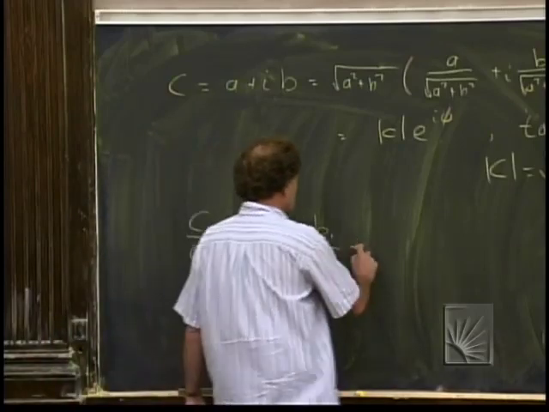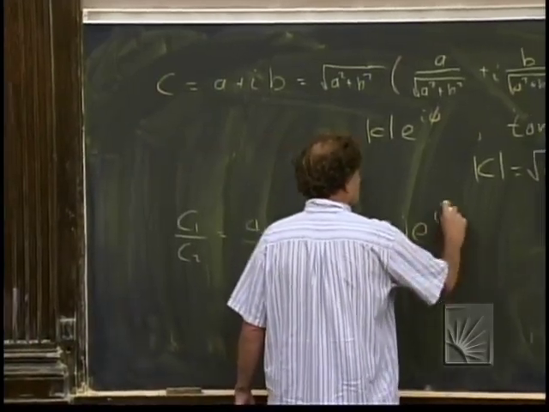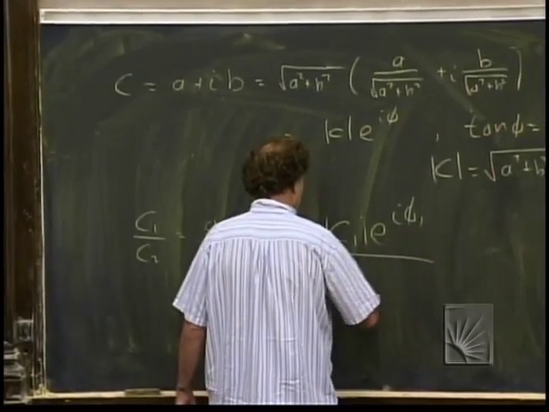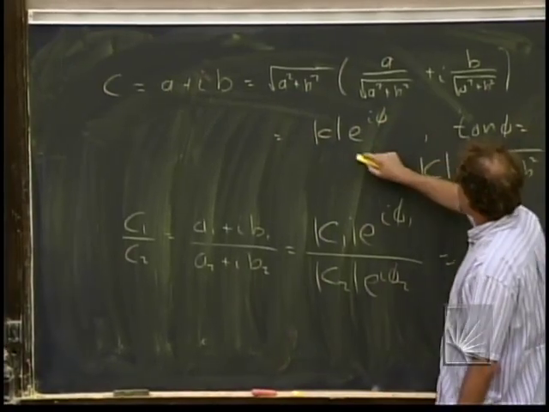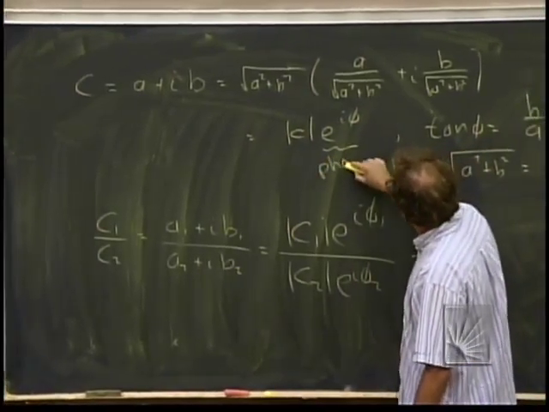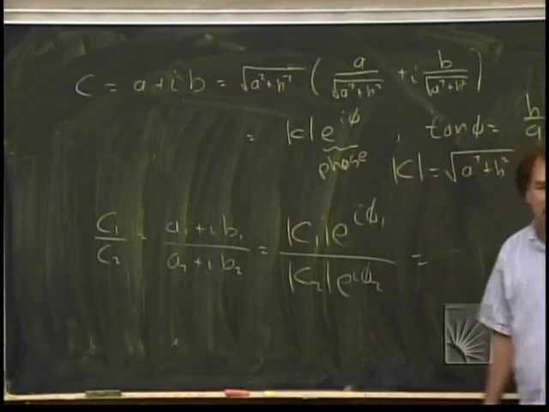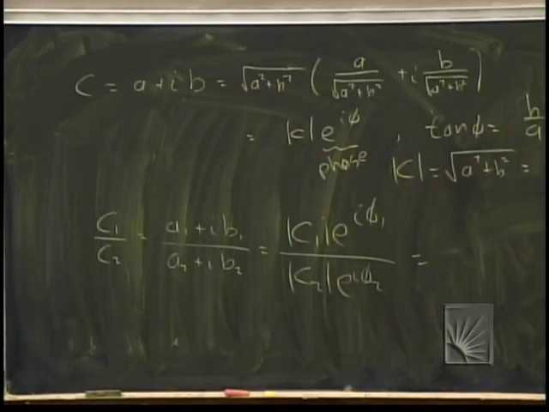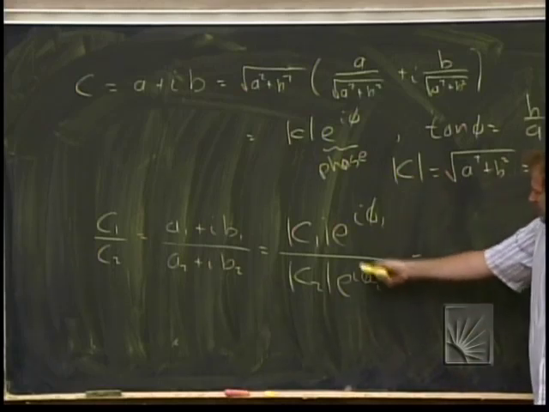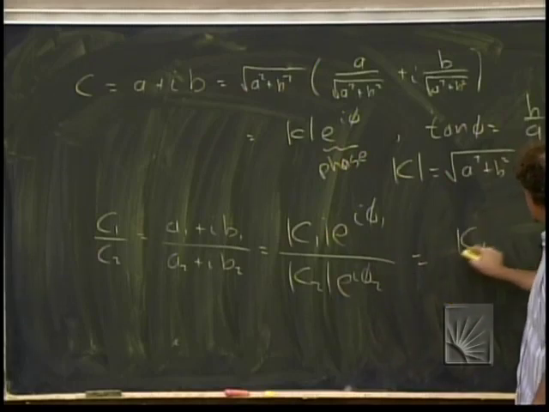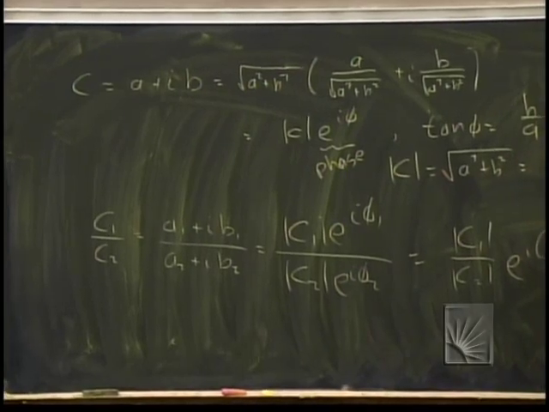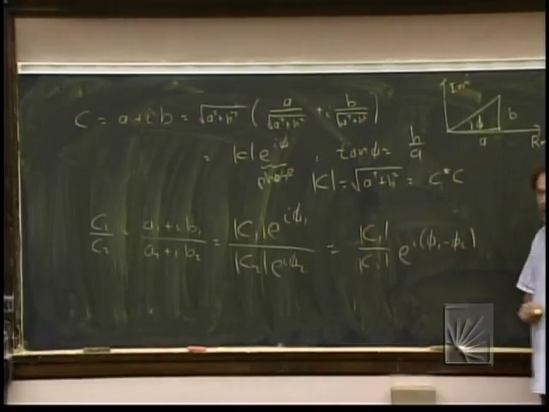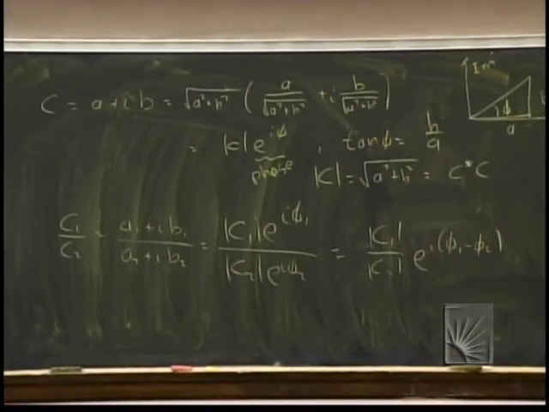But another simple thing to do is just say, well, okay, I'll put it in these terms with an amplitude and a phase. This, by the way, we're going to use this term a lot in quantum mechanics, a phase, right? So an amplitude times a phase. And so then this is just c1 over c2 times e to the i phi1 minus phi2. Right? That's how you divide two numbers with an exponent.